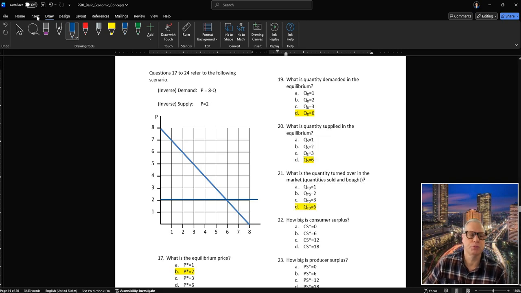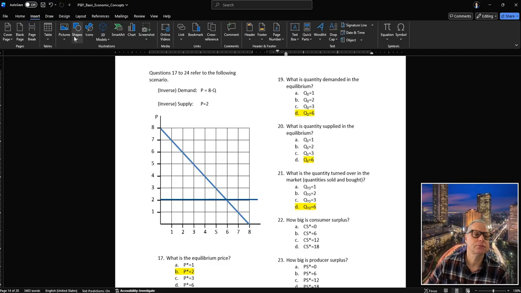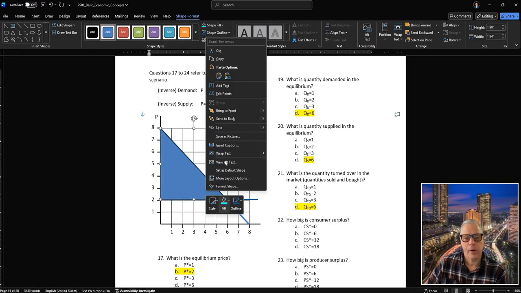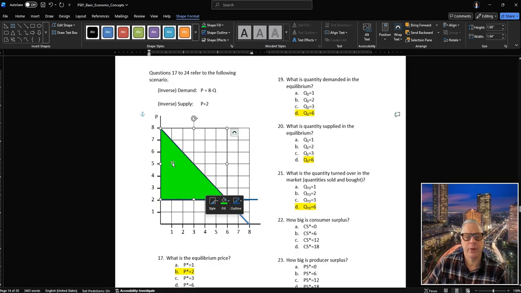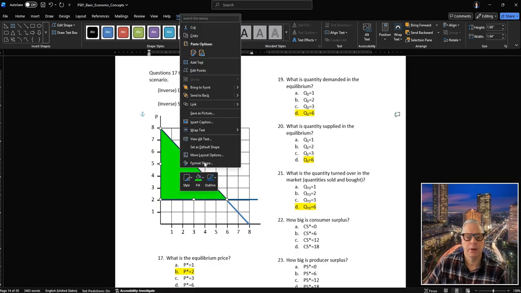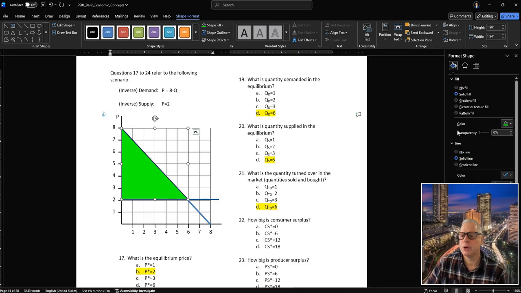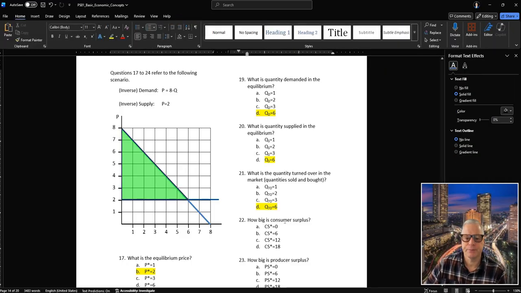How big is consumer surplus? Now consumer surplus is this triangle. And now we can see that there is no producer surplus. Consumer surplus: 1, 2, 3, 4, 5, 6.